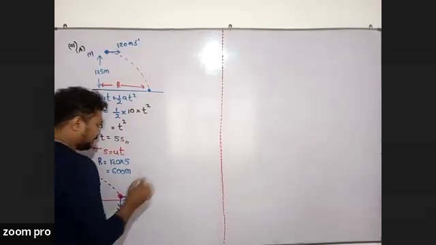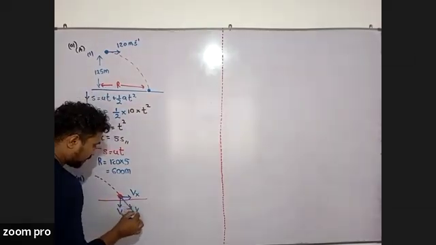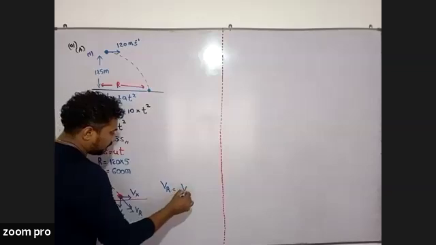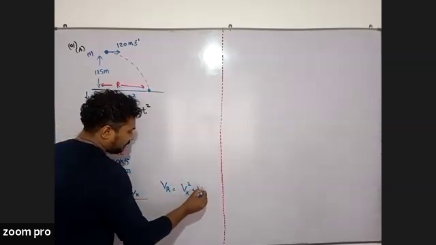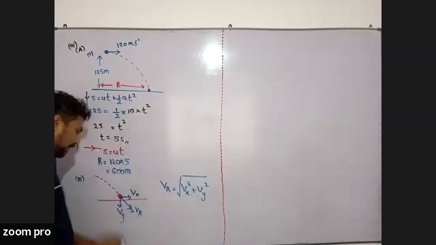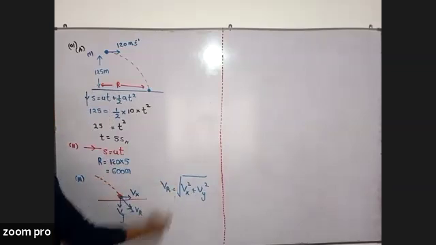To obtain the resultant velocity, let's assume it as VR. This is the relevant equation to obtain the VR. Now I think you are familiar with this kind of equation. We have to find the Vx and Vy to obtain the VR.